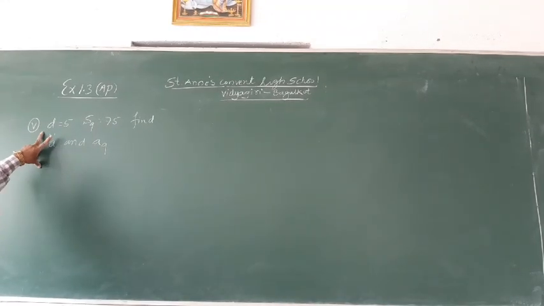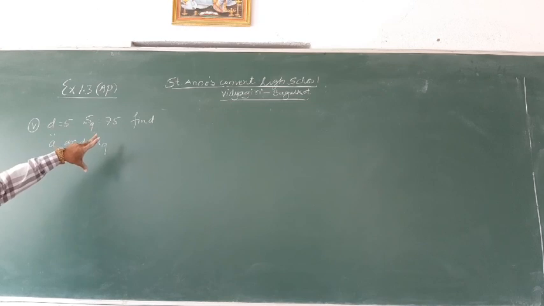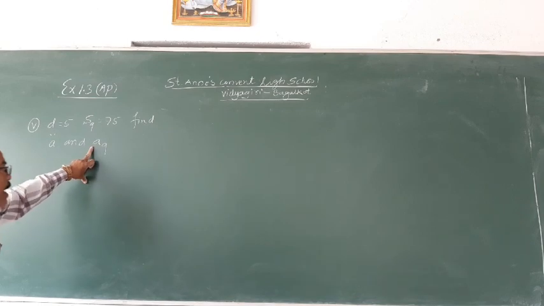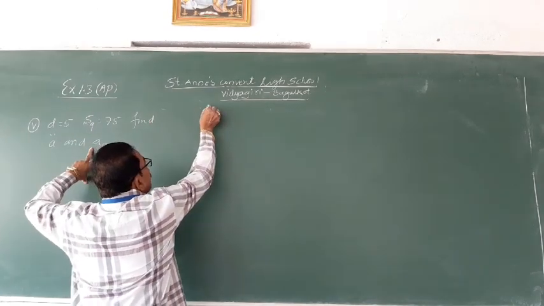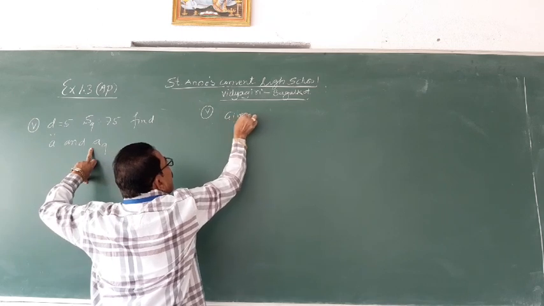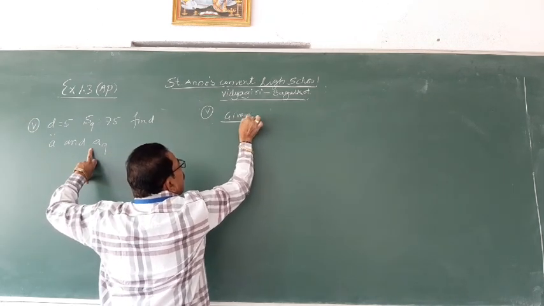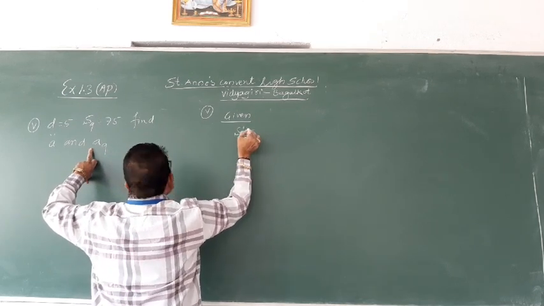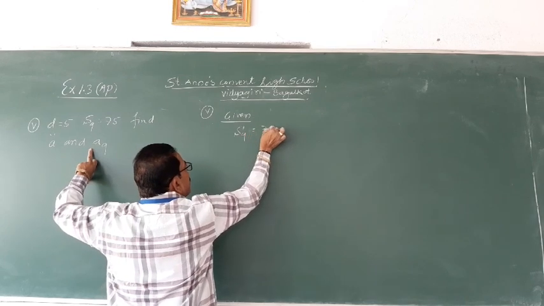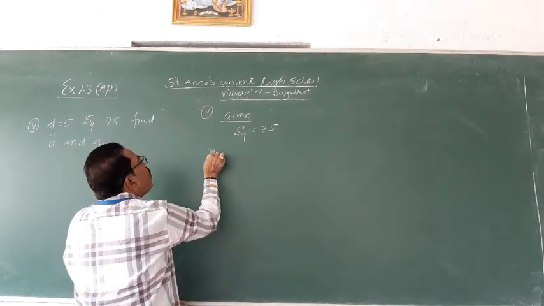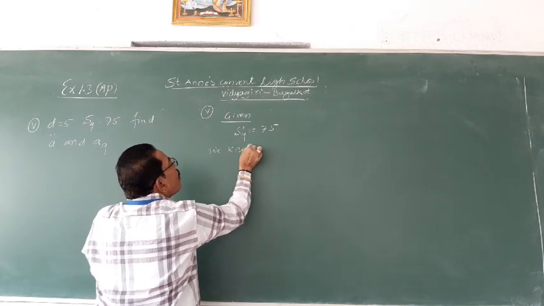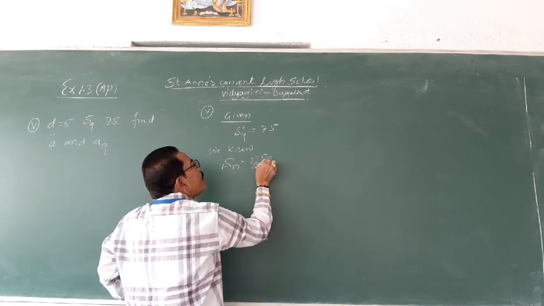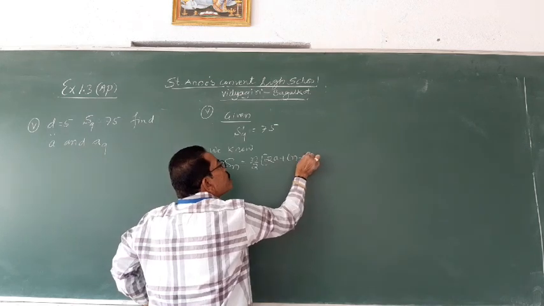See the fifth one: d equals 5, S9 equals 75, find a and a9. The first term we have to find, then the value of a9. S9 equals 75. We know Sn equals n by 2 in the big bracket 2a plus (n minus 1) into d.